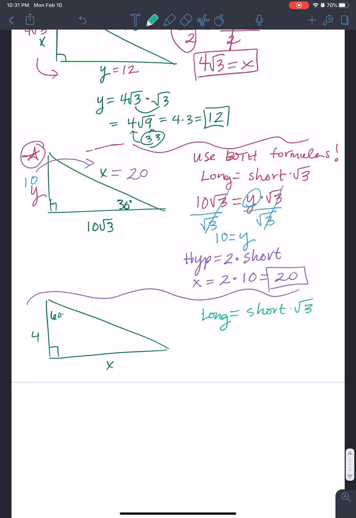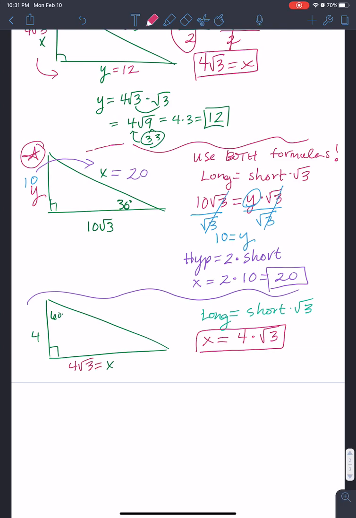So I'm going to plug in what I know. I know that I'm looking for the long leg. I know the short leg is 4 times the square root of 3. Look at that. You're actually done. Because x is already isolated, you don't need to solve anything. So 4 square root of 3 is the long leg.